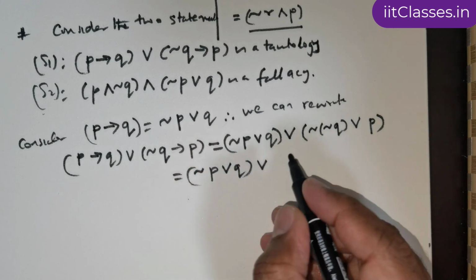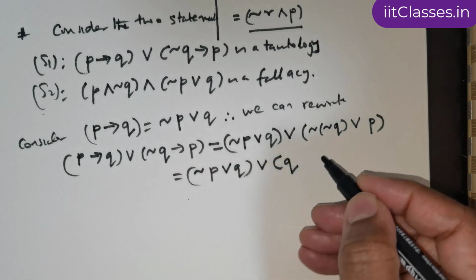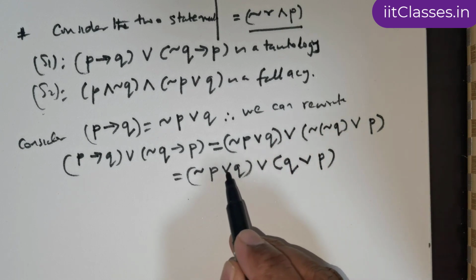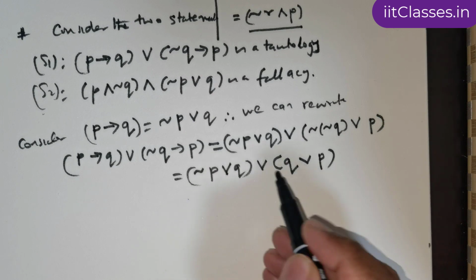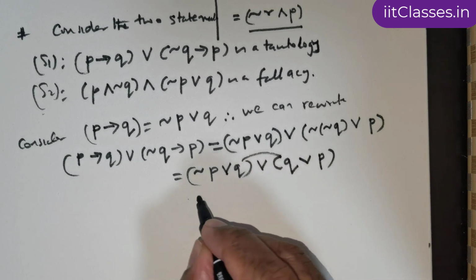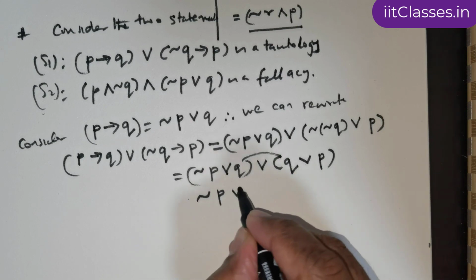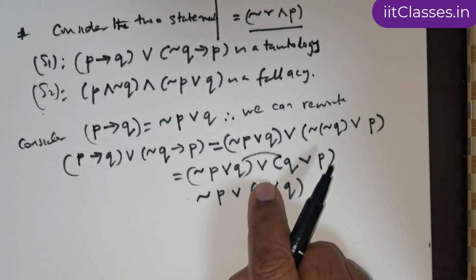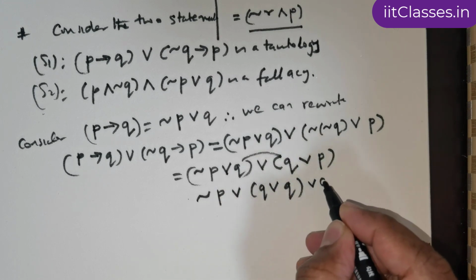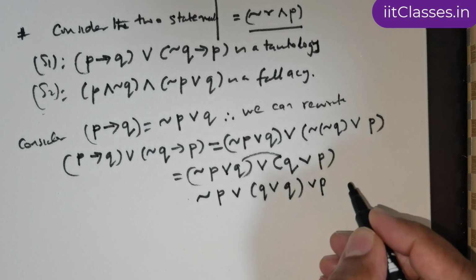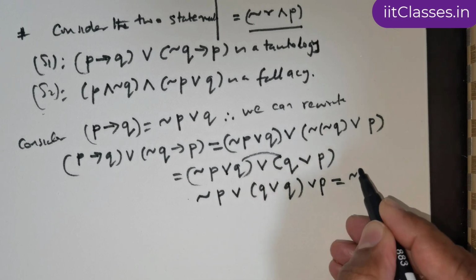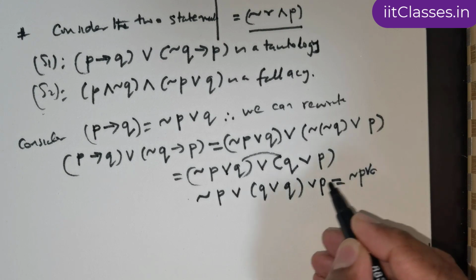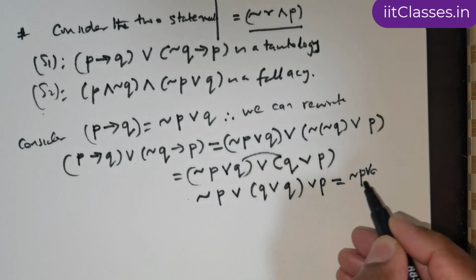disjunction, negation of negation Q is going to be giving me Q with the disjunction of P. Now what I wish to do, you can clearly see that you have a disjunction, disjunction, disjunction. So I can club these two together. So you got negation of P, disjunction Q, disjunction Q. So we are treating this disjunction as union, followed by union with P. Now what is this? This is negation of P. Q union Q is going to be Q. So let me place that connective disjunction.